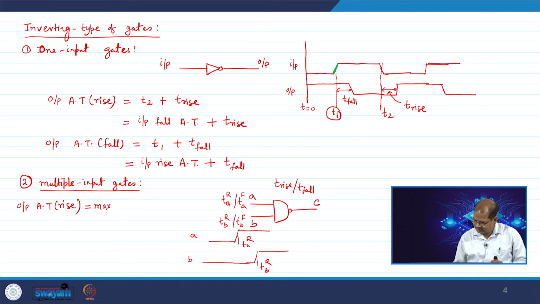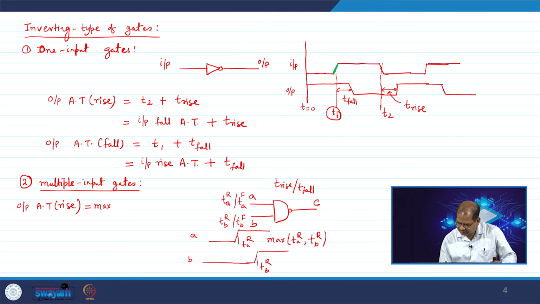In this case, T B rise will be taken here. So, that one will be taken as the reference for the input side.